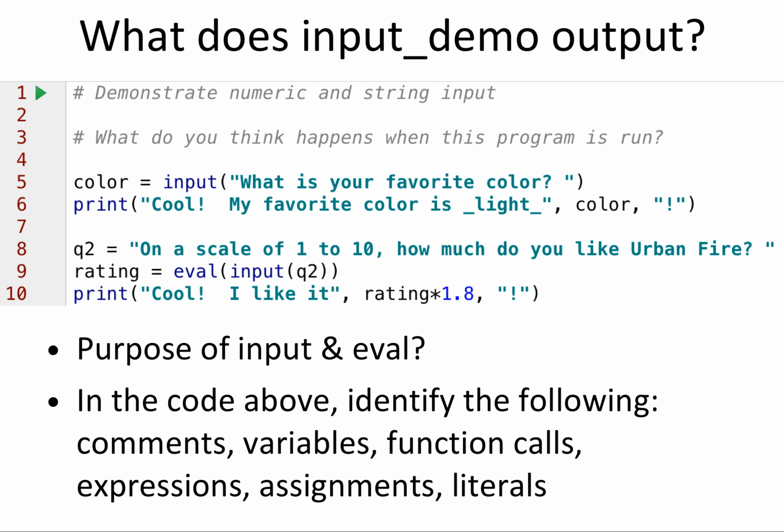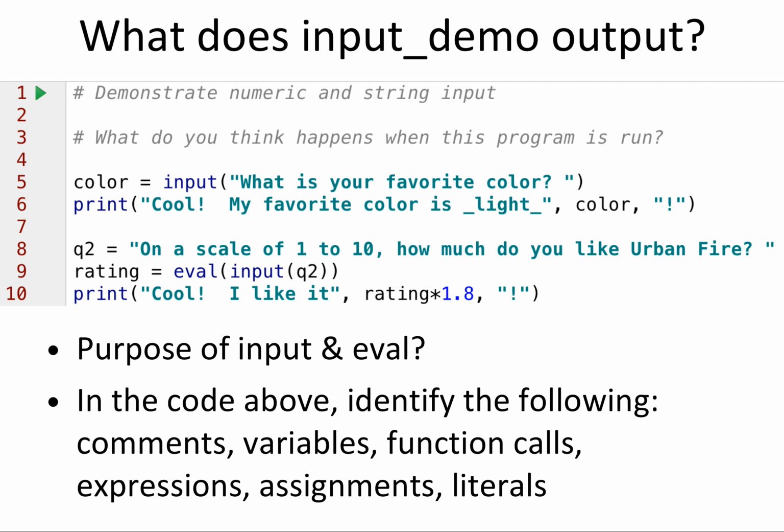In terms of variables, we have color, Q2, and rating. Those are the three variables, and I identify them by looking for variable names to the left of equal signs. Next, we have function calls: input, print, eval, input, and print are all function calls.